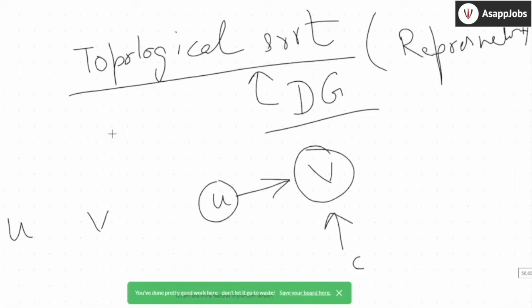So I cannot say my topological order is C, V, U. That's wrong, because there is an edge from U to V.